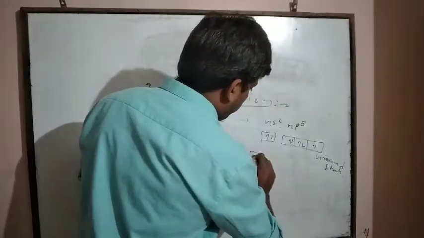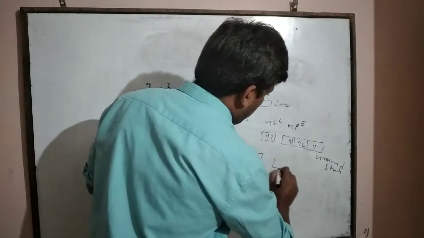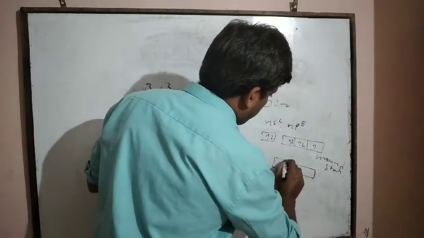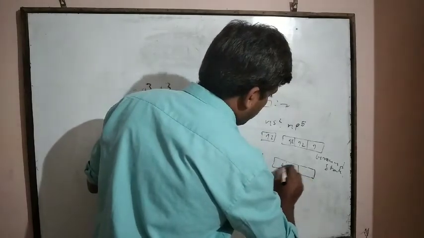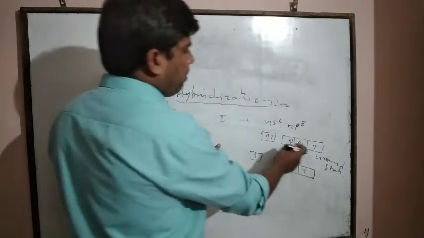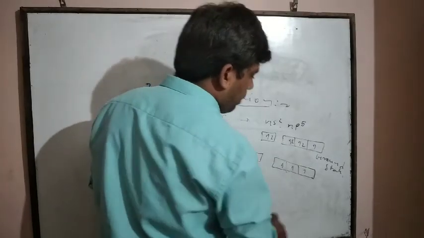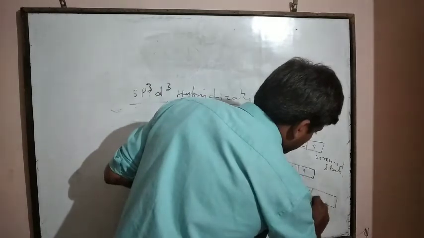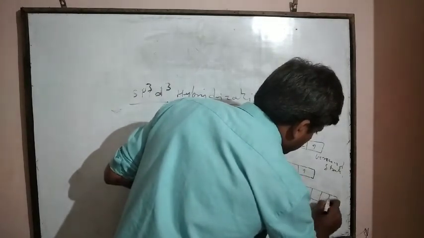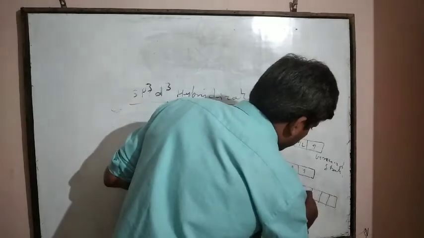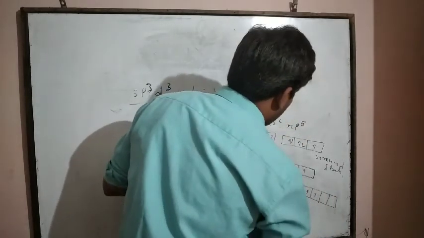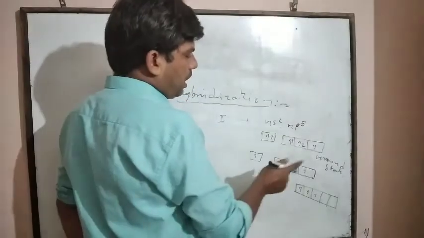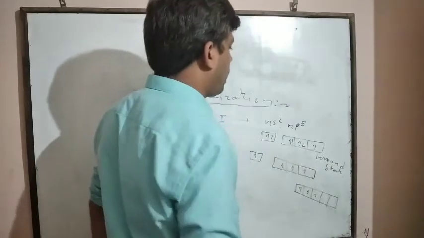One electron jumps from the ns orbital, and one electron jumps from the np orbitals also.